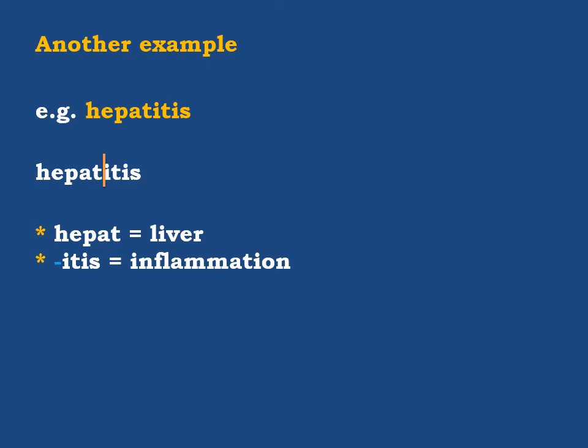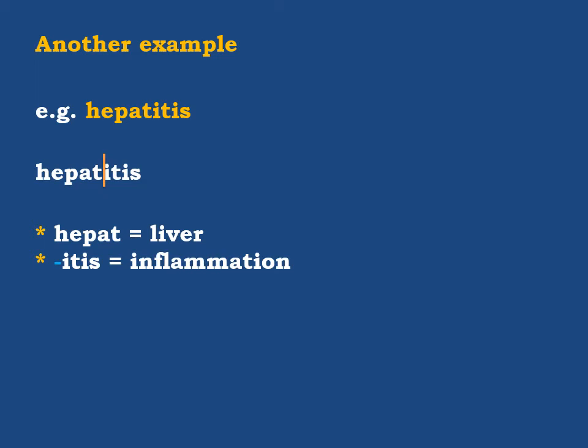And as you can see here, we added new words like of, the, sometimes in or on. These simple words we have to add to make the meaning correct from the point of view of language. We cannot say inflammation liver here, just to put the words as they are.